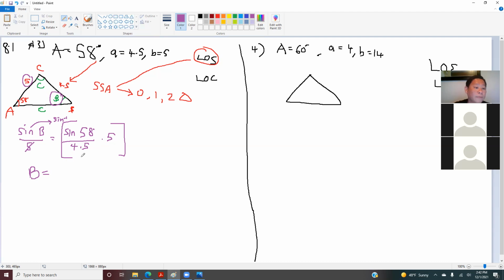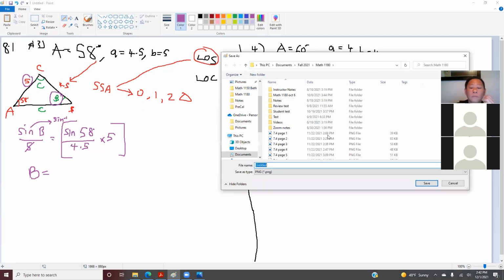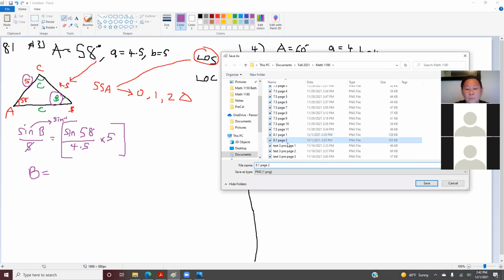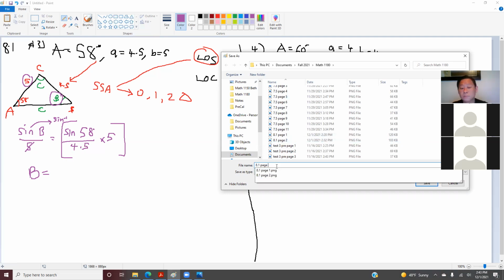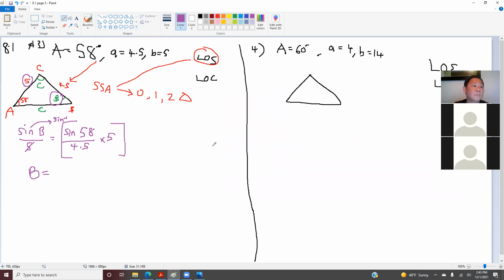And this is 4.5. This is multiply. Anyone? The 1.115. And then you take the arc sine. This one came out to be 0.9 something, right? Again, we don't care about this.